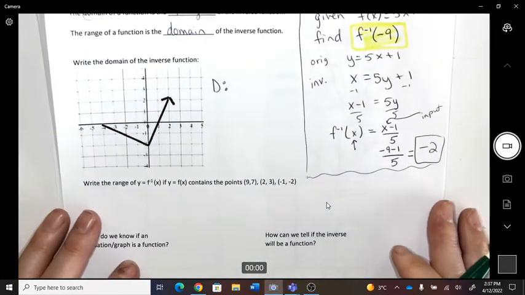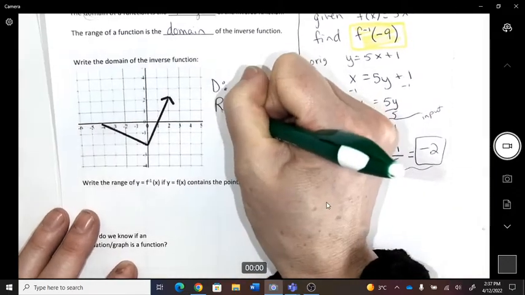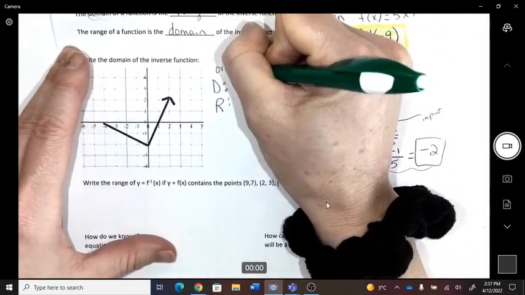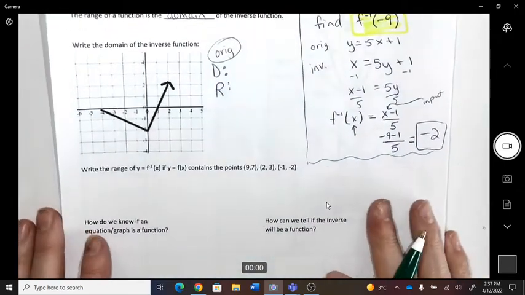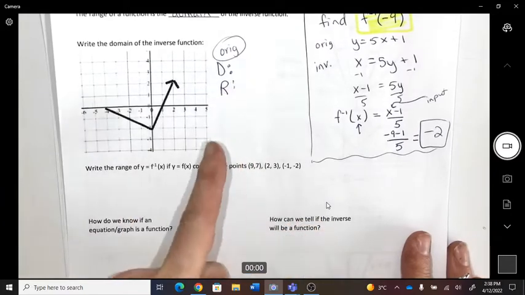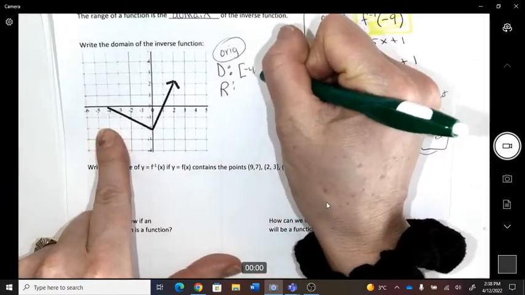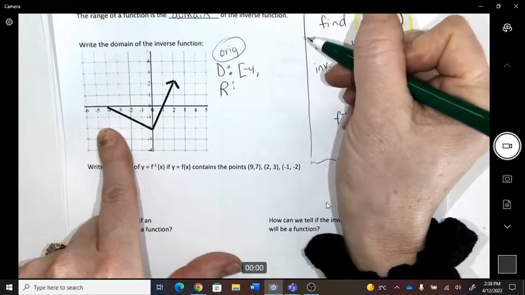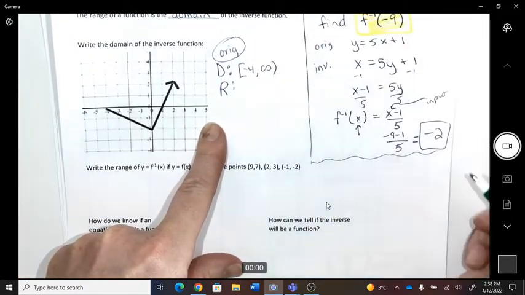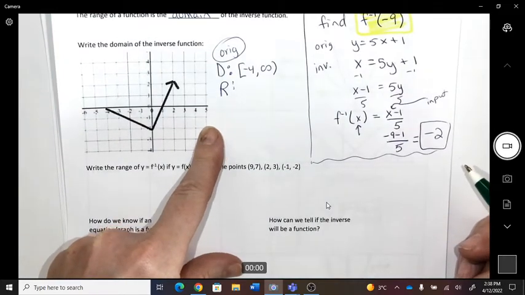Okay, what is the domain and range of the original here? What's the domain? What's the farthest left? -4 to how much right? Infinite. How much right does it go?